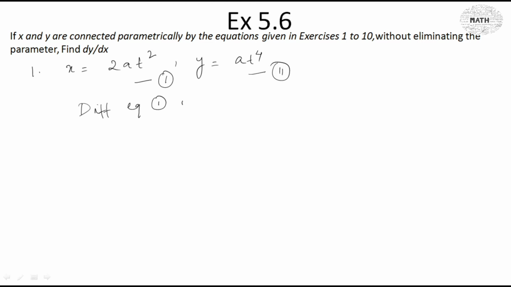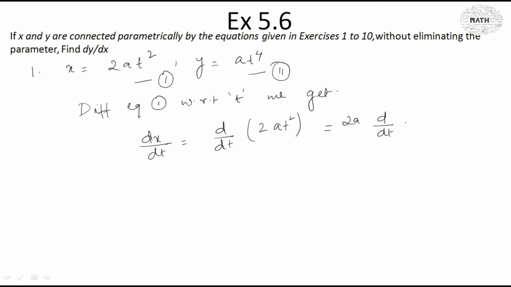equation 1 with respect to t, we get dx by dt is equal to d by dt of 2at square. Now 2a is constant, so it will be out, and it will be d by dt of t square. That will be 2a into 2t, so that is 4at.